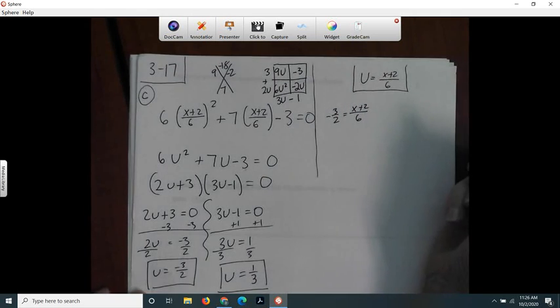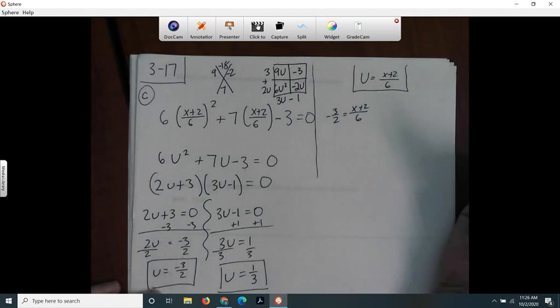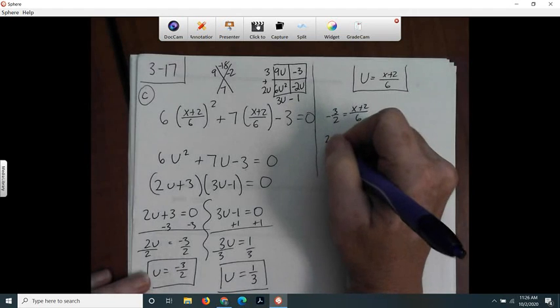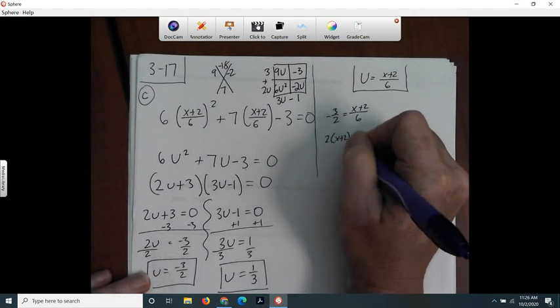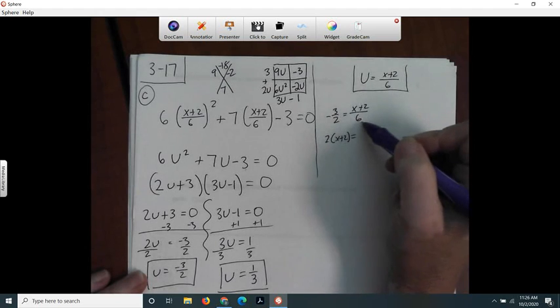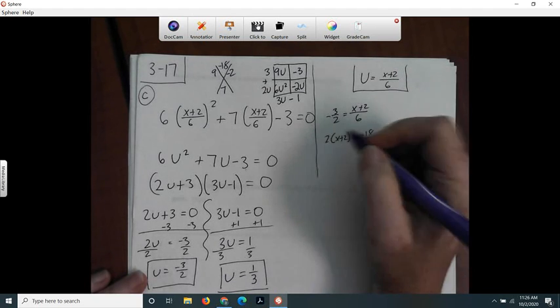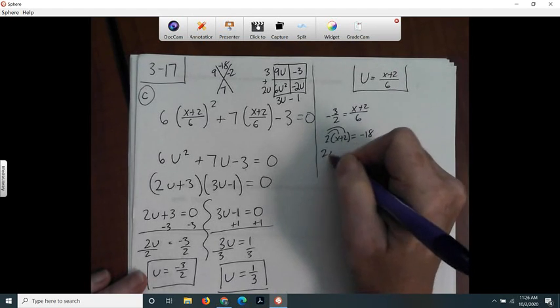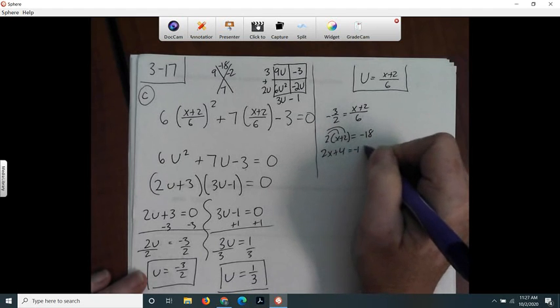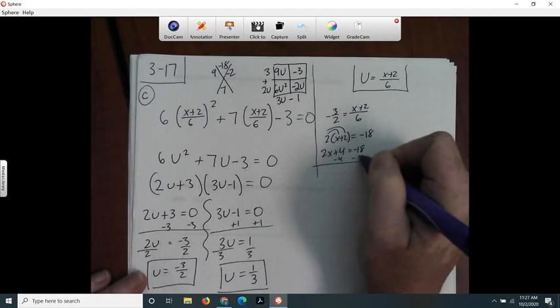I'm going to go 2 times x plus 2 is equal to negative 3 times 6. Well, what's negative 3 times 6? Negative 18. I'm going to do it that way. And so then I have 2x plus 4 equals negative 18. Minus 4, minus 2. I think x equals negative 11.